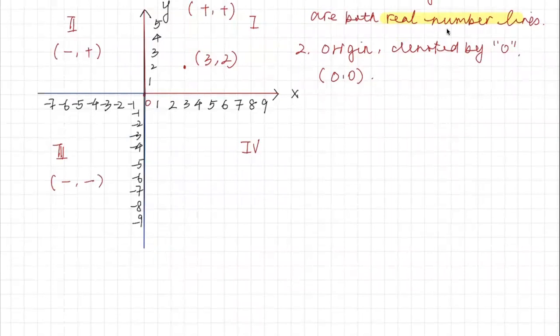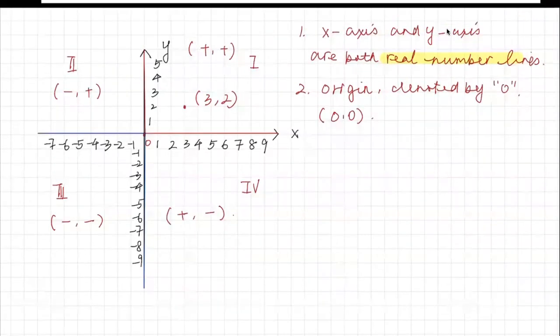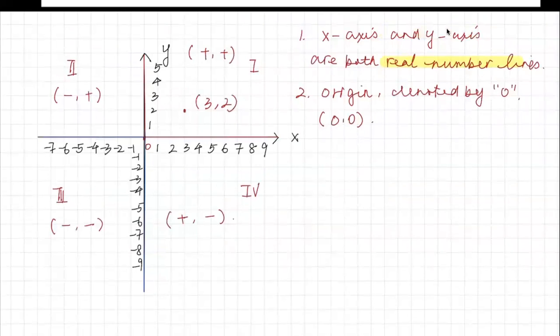And all the points in the fourth quadrant have positive x coordinates and negative y coordinates. So this is a little bit of review of the Cartesian coordinates plane. These are the basic things that we need to know.